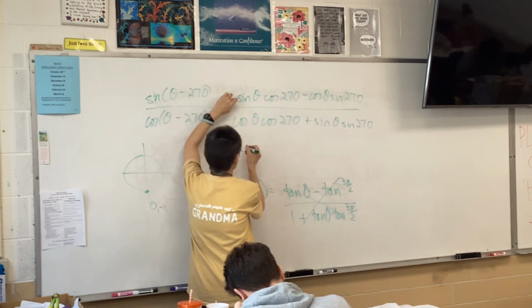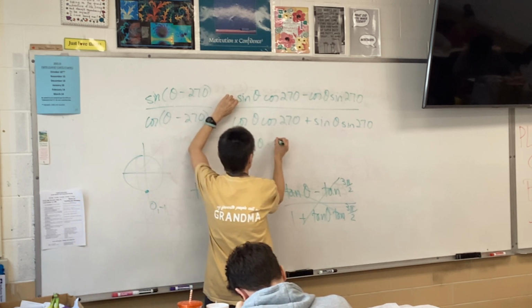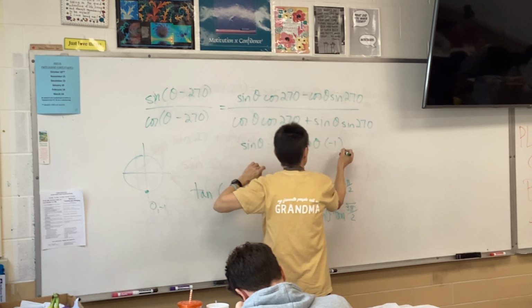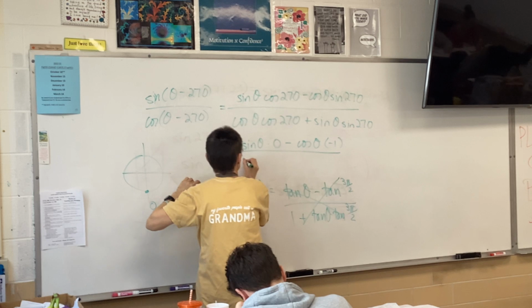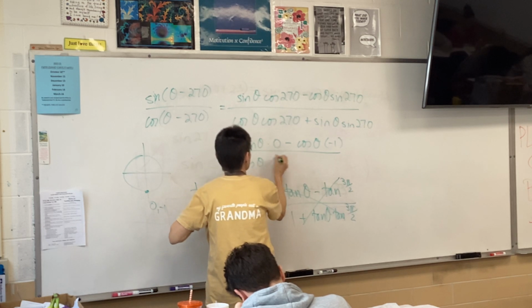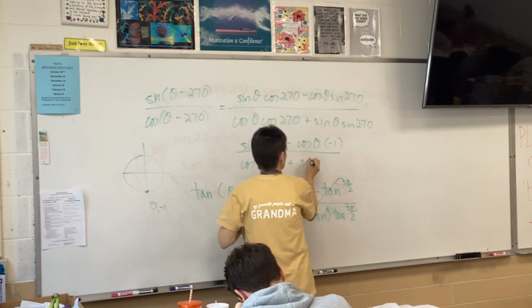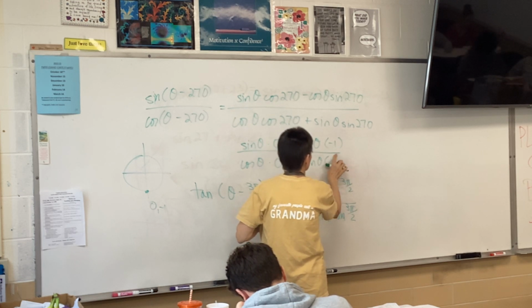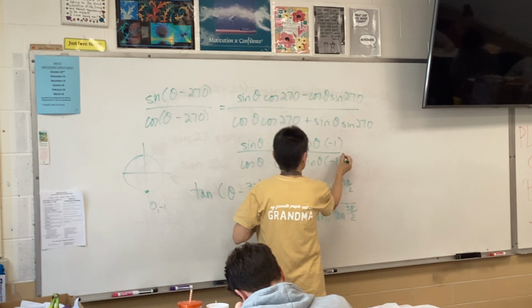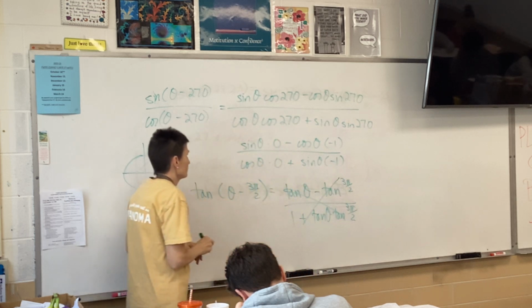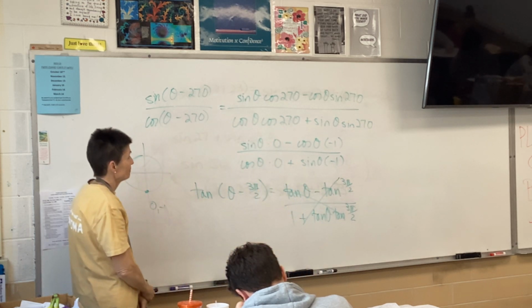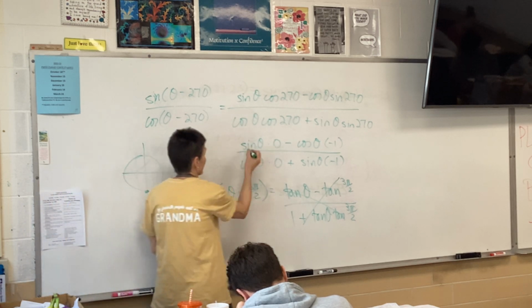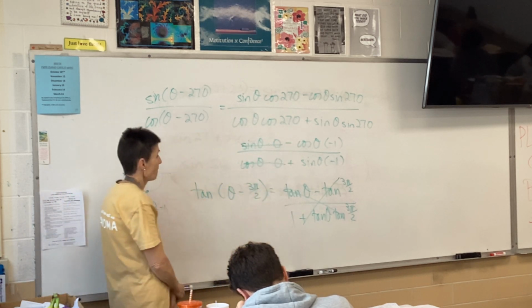So, sine times 0 minus cosine times -1, over cosine times 0 plus sine times -1. Those are gone, would you agree?